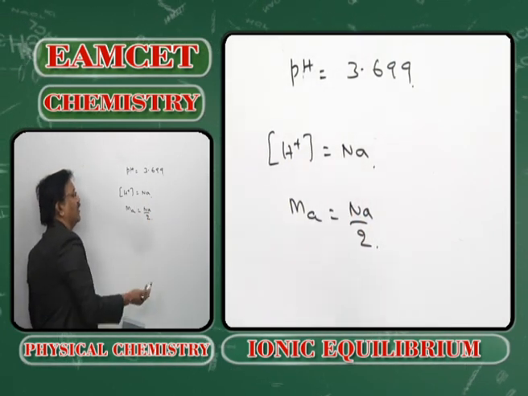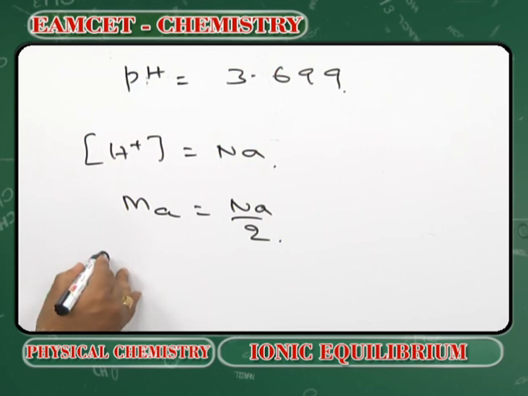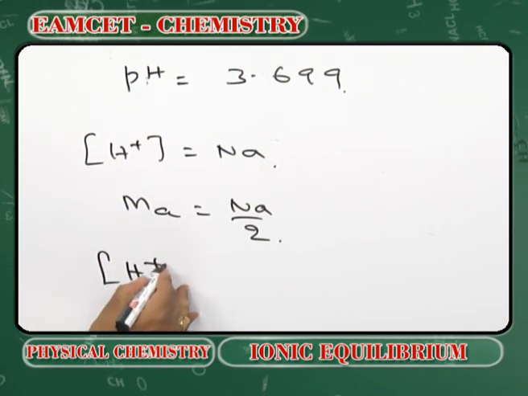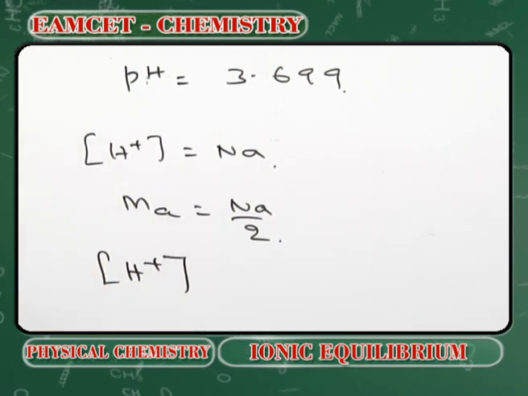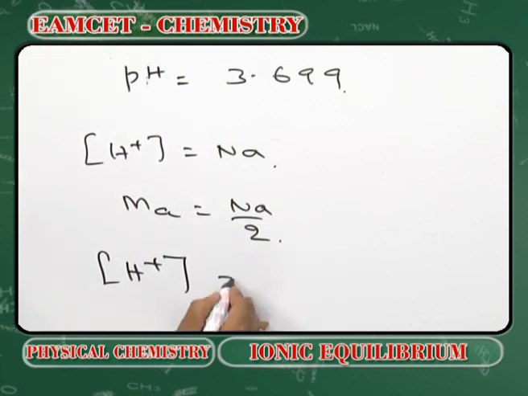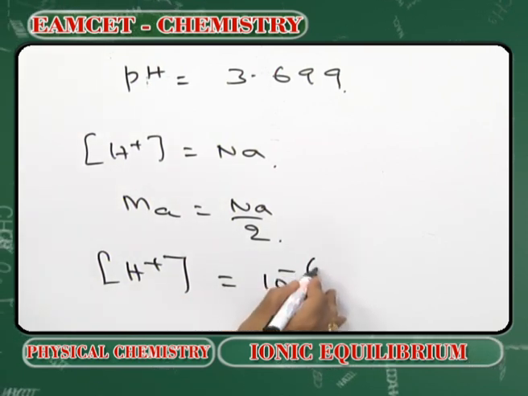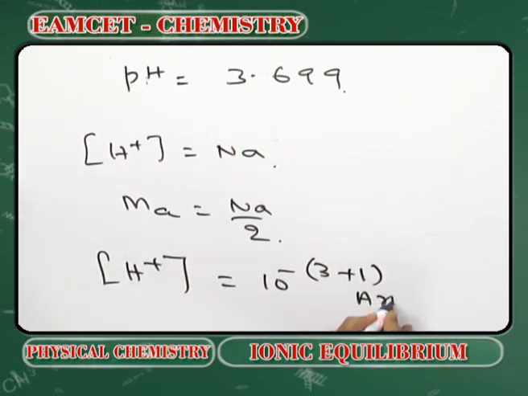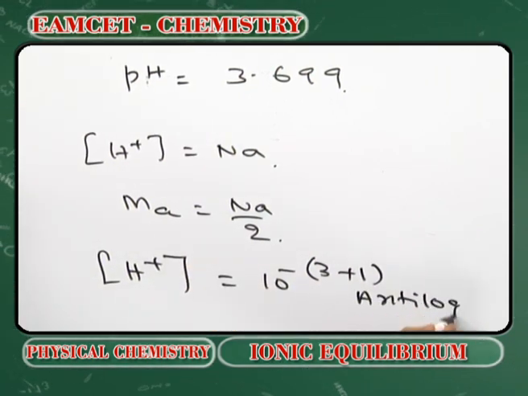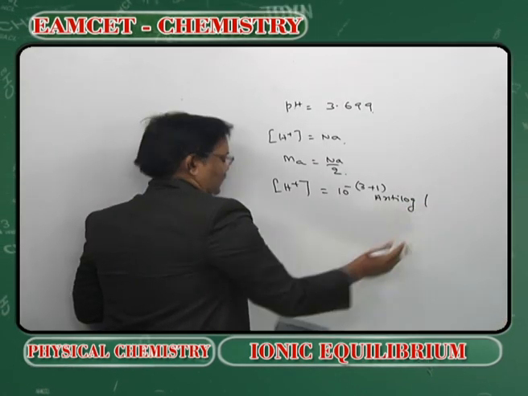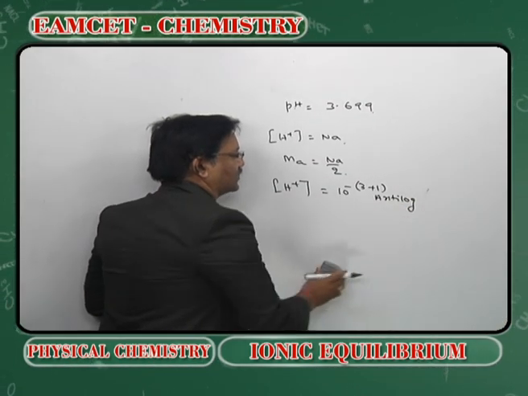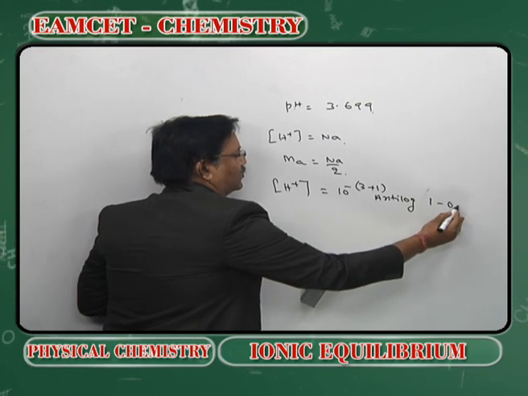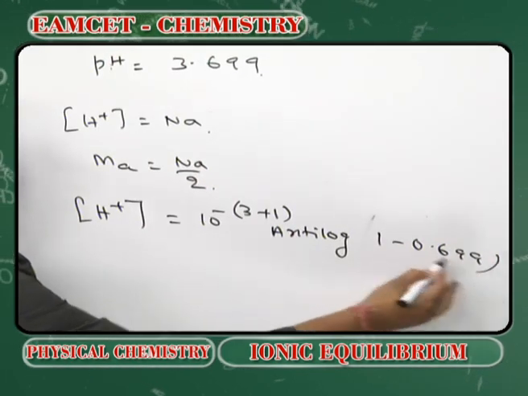Let us find the normality of the acid, that is, the H+ ion concentration. As discussed in the previous problem, H+ ion concentration will be equal to 10 to the power minus 3 plus 1 into anti-log of 1 minus 0.699.